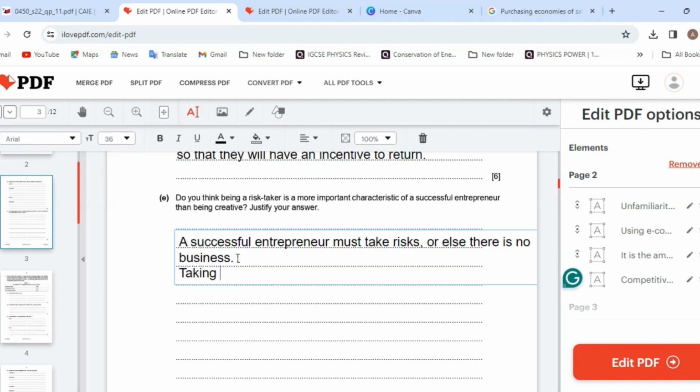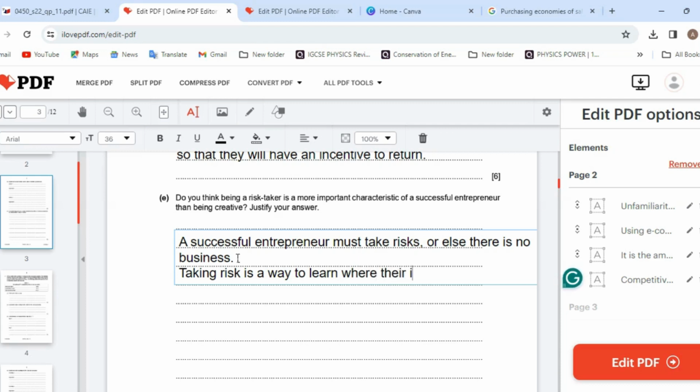That's another point. Taking risks is a what? A way to learn. You learn whether the idea they are putting up is good or not.